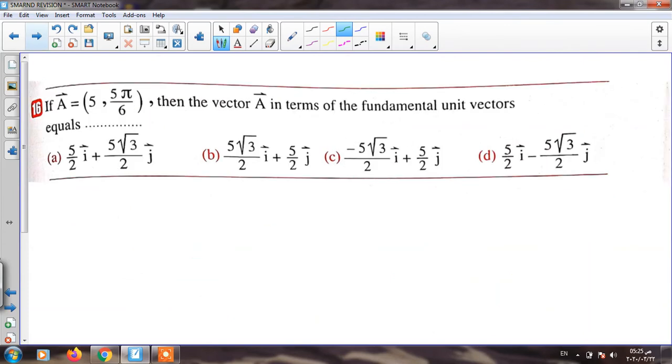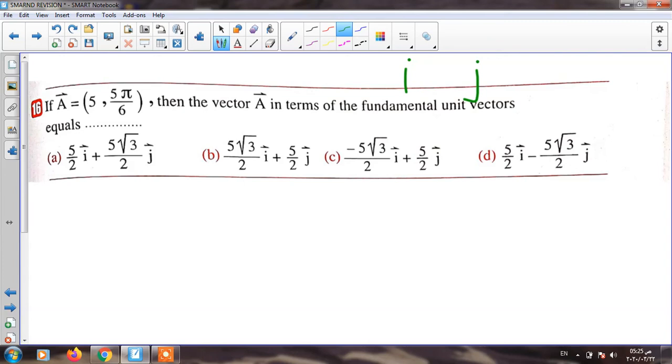If the vector A equals 5 and 5/6 pi, then write the vector A in terms of the fundamental unit vectors. Fundamental unit vectors means i and j. So what do we have here? We have it as polar. Can you see that it's polar? Yes, it's a polar vector. So how can I change it into fundamental?